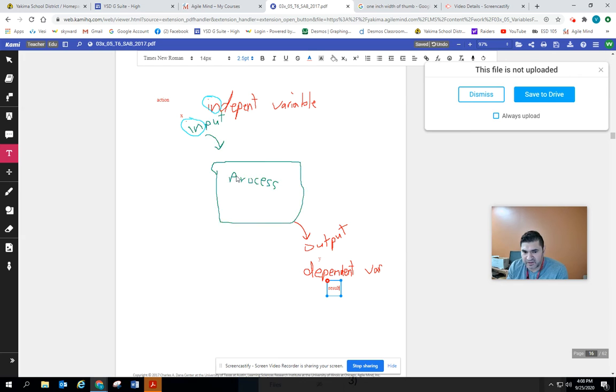If you don't study very hard, then you're not going to get a very good grade. If you work a lot of hours, you're going to get paid more. If you don't work hardly at all, then you're not going to get very much money. That's the action, the result. The result always depends on the action. So again, the result depends on the action, or the independent variable, the input.